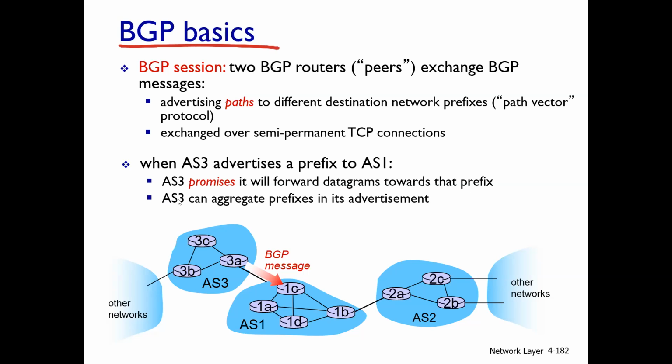Okay? So AS3 can aggregate prefixes in its advertisement. So it can say, "All of these, and these too," if it can do some aggregation on those prefixes, it would aggregate all of those prefixes in the advertisement. You can get to all of these networks through me. So not only its internal addresses, but also addresses of other networks that it is connected to, and it can route packets to those networks.